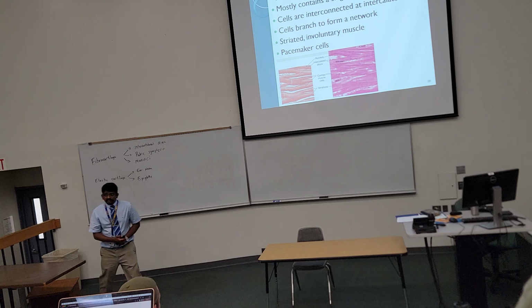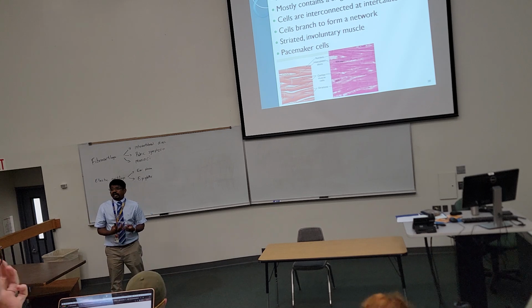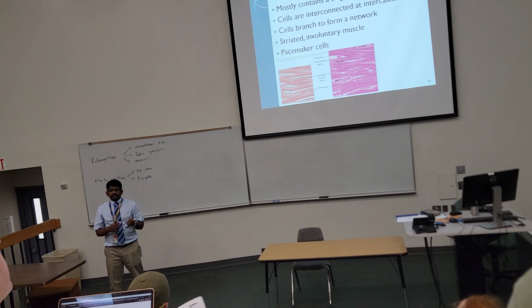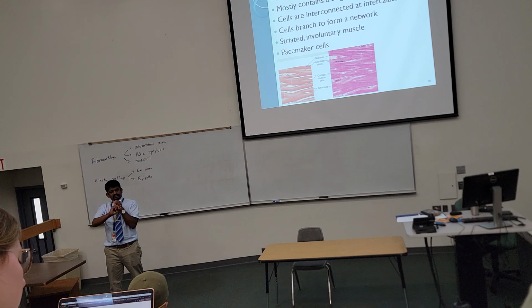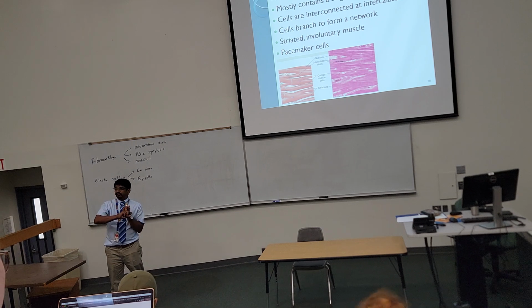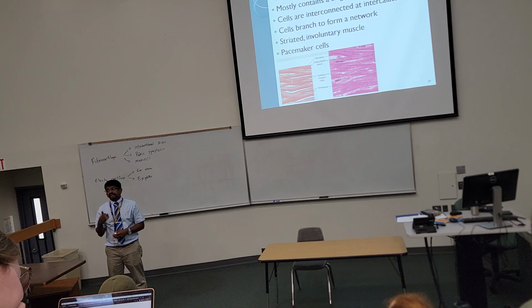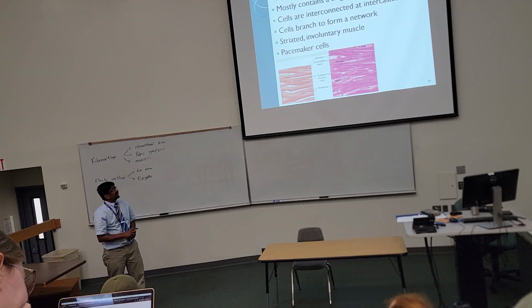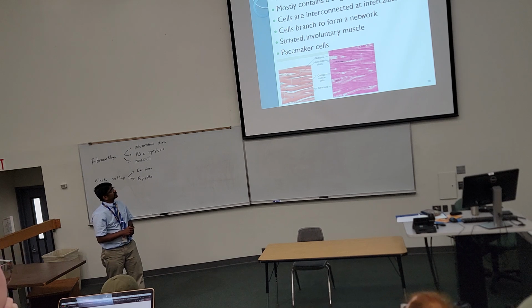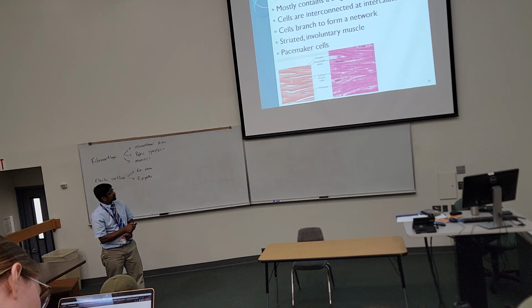Okay. So cardiac muscle is only found in the heart wall. These ones are striated. They are involuntary. Mostly 1 nucleus per cell. Some cells do have 2. And this is the only muscle cell which is branched. So here it's showing a branched cell.